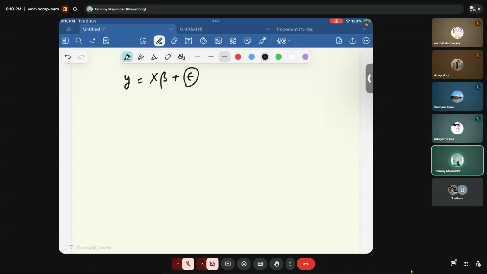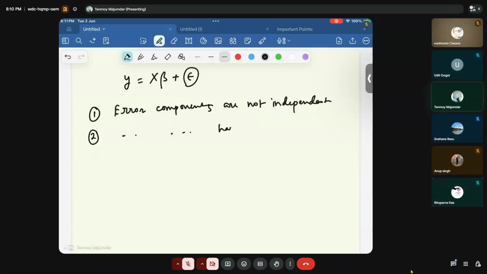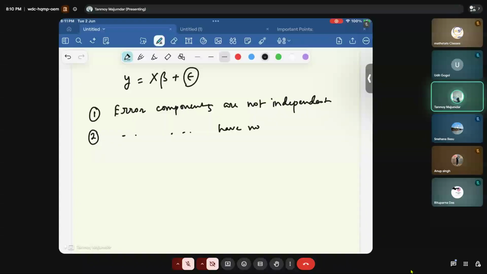There are several cases. Case number one, suppose the error components are not independent. Second case, suppose the error components have no constant variance.